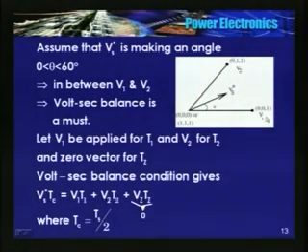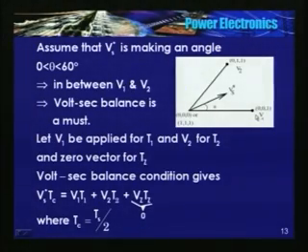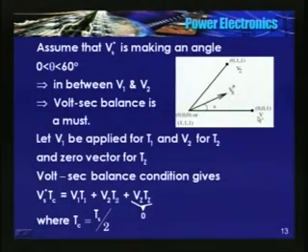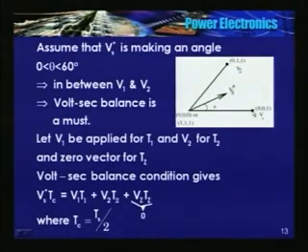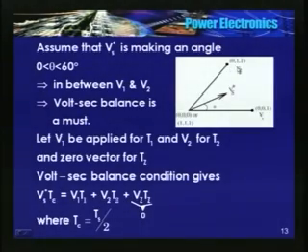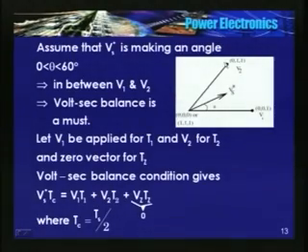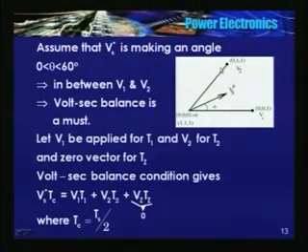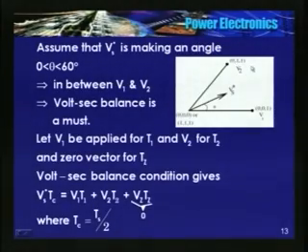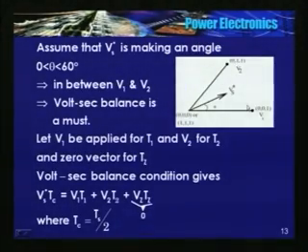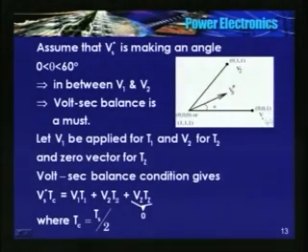Incremental flux depends on the position of this vector. When I apply this, the position is going to be different. The magnitude of the space vector is equal to VDC, which is constant. So the direction of incremental flux when I apply this vector and this vector are different.